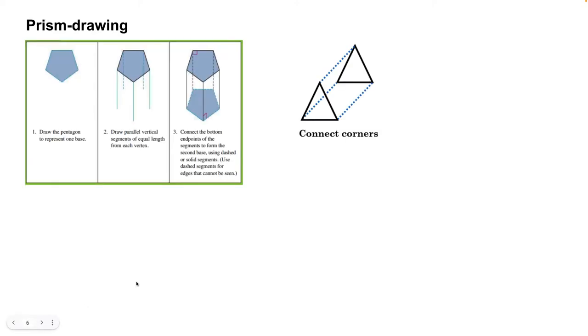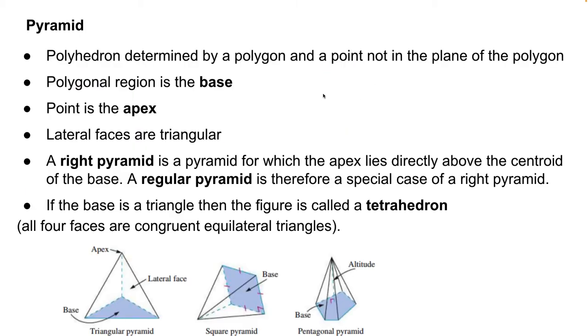It's similar to a prism, but in a prism the lateral faces are rectangles or parallelograms, right? It depends whether it is a right prism or an oblique prism, but it's always quadrilateral. The lateral faces are quadrilaterals in the prism, and in a pyramid, the lateral faces are always triangles, right? Like this.